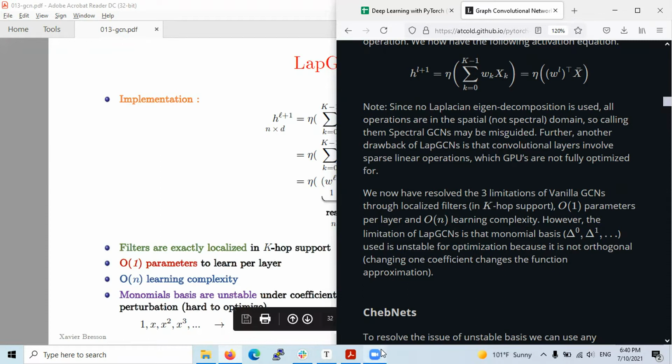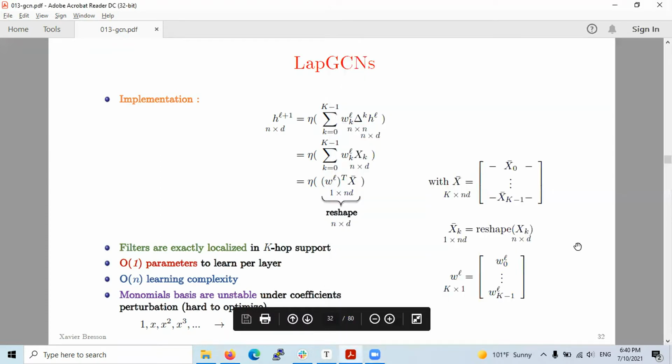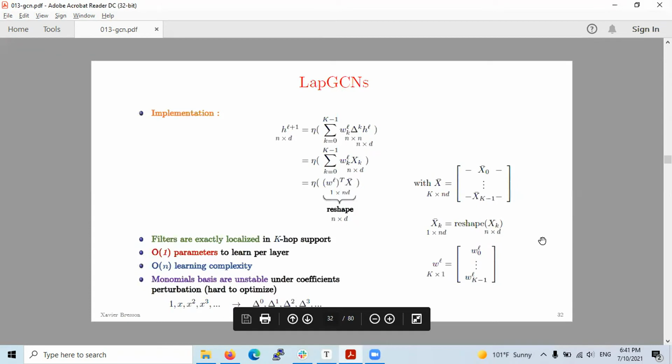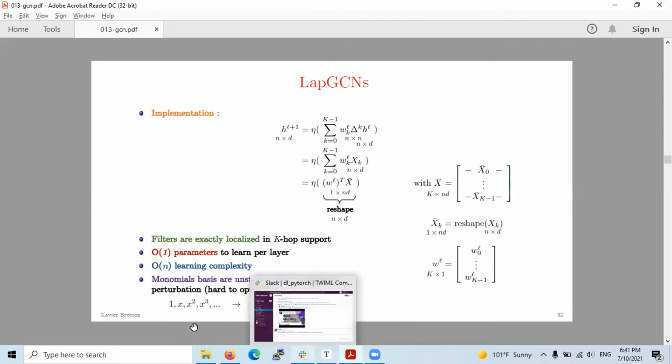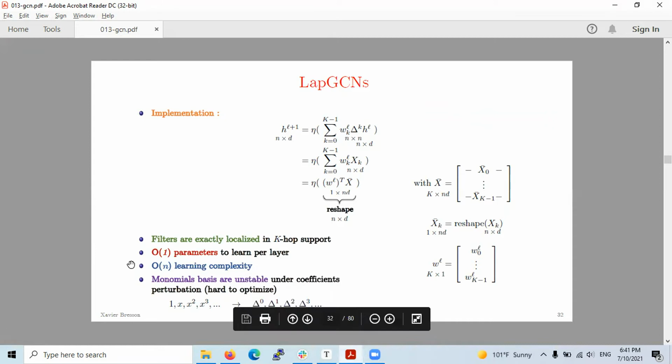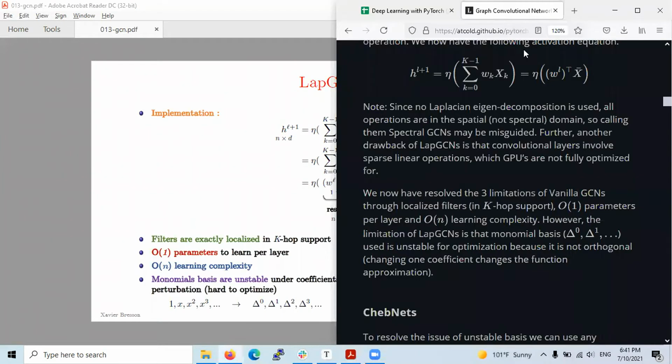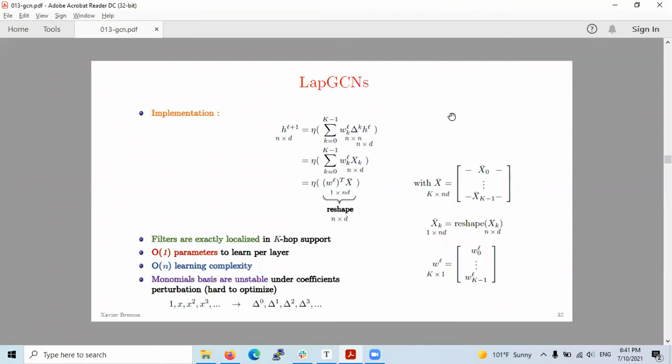What they are trying to say is it's hard to optimize since they will have to change the basis, or there might be some perturbation. Let me try to draw some aspect of it.